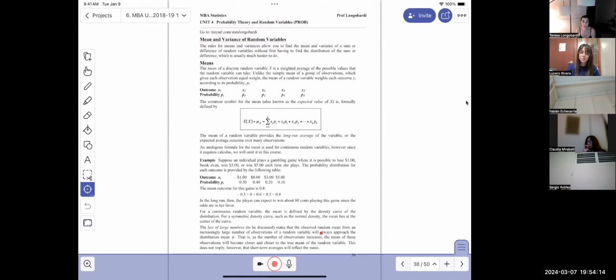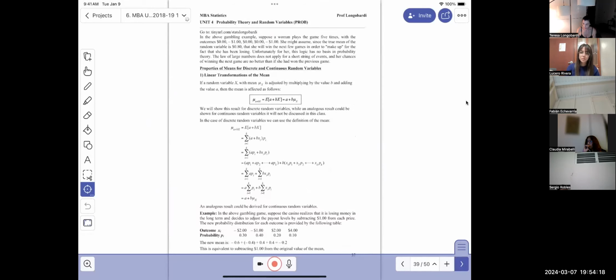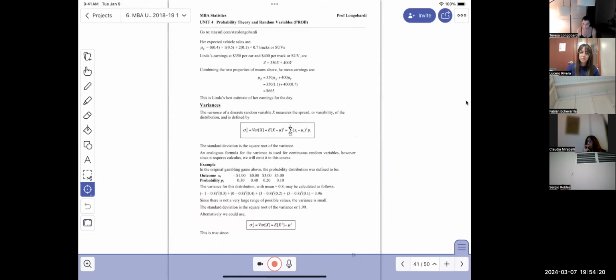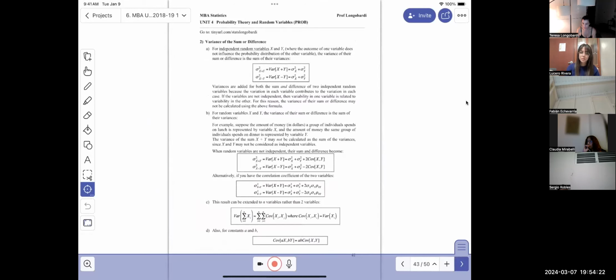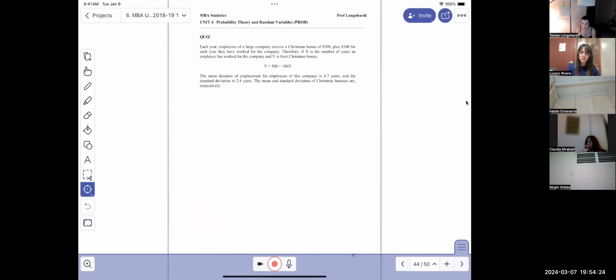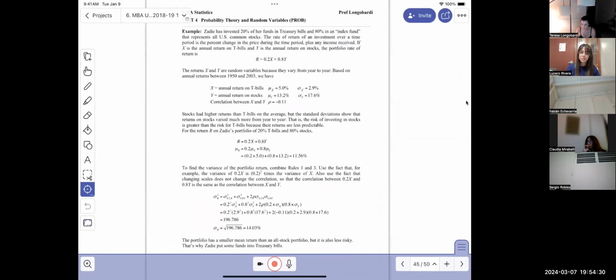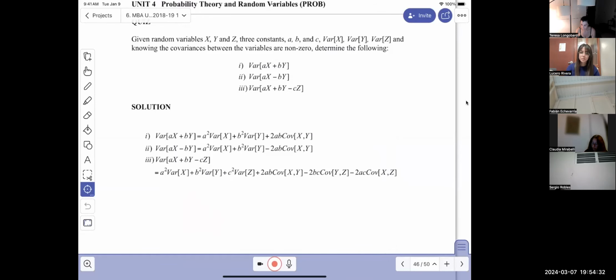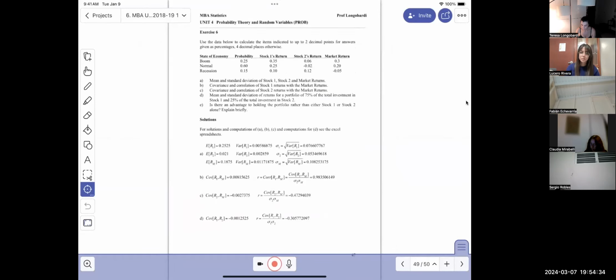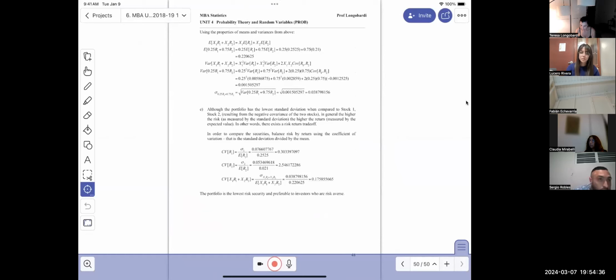This is not hard. It just seems tedious, actually. I don't expect you to derive the formulas. I just expect you to be able to apply them. I provide you from page 42 to 48.